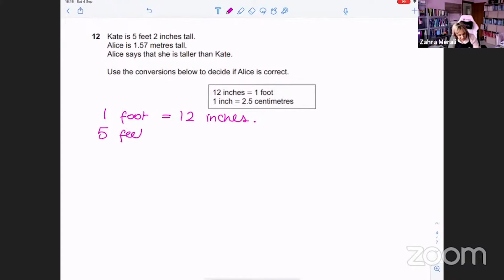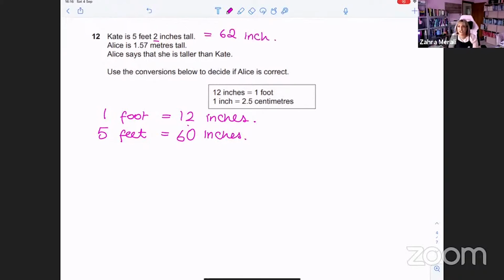So 5 feet is going to be 12 times 5, which gives you 60 inches. And then you've got the extra 2. So in total, this is 62 inches.